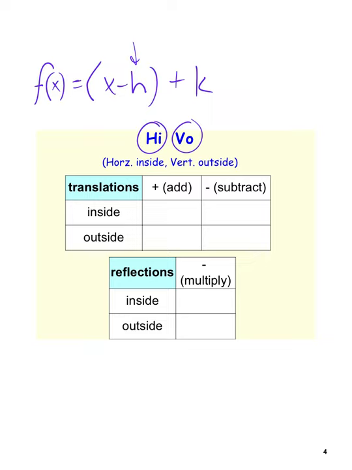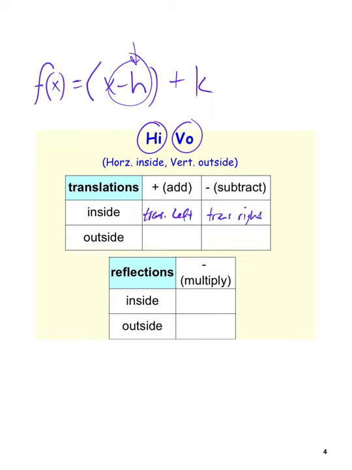If it's on the inside and you add a value, or what would look like adding here, this would actually move left. So this would translate left. If you see subtraction like we have right here, that actually translates right.